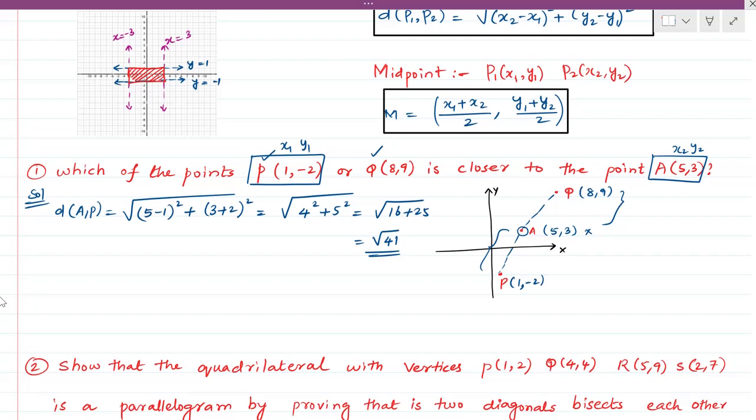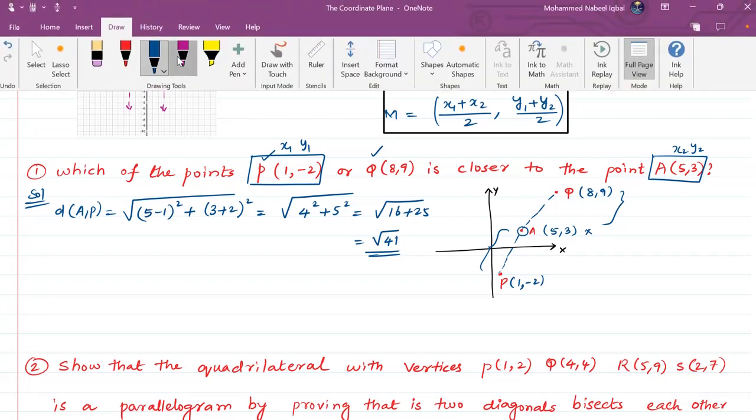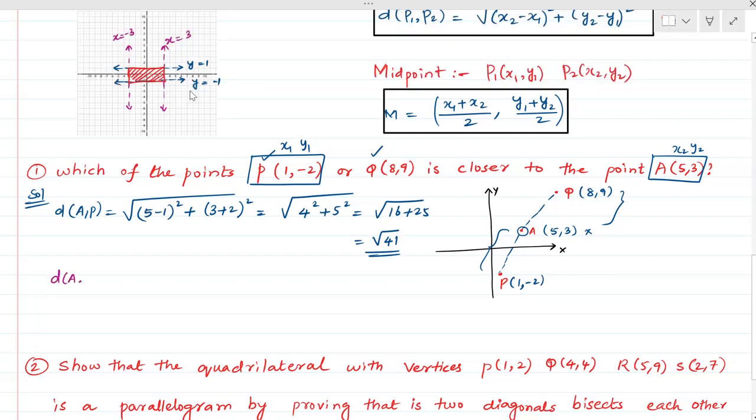Now let us go with the next one: the distance between A and Q. I will take the same A with Q. This is x1, y1, and this is x2, y2.